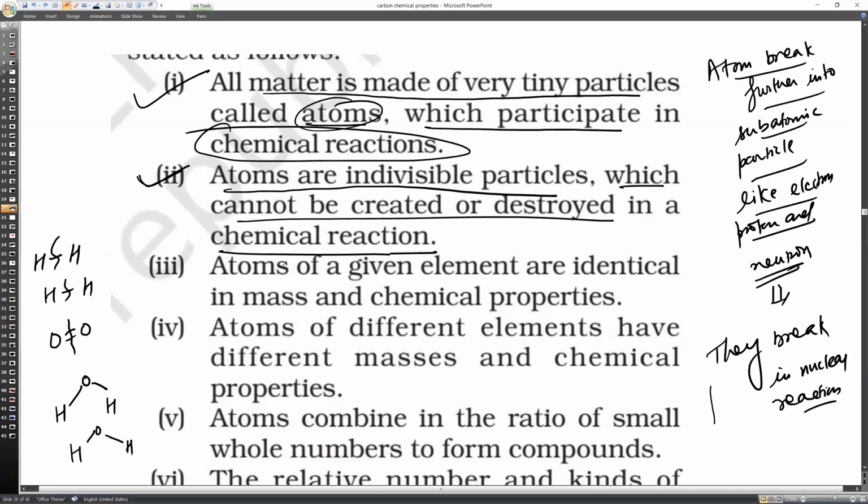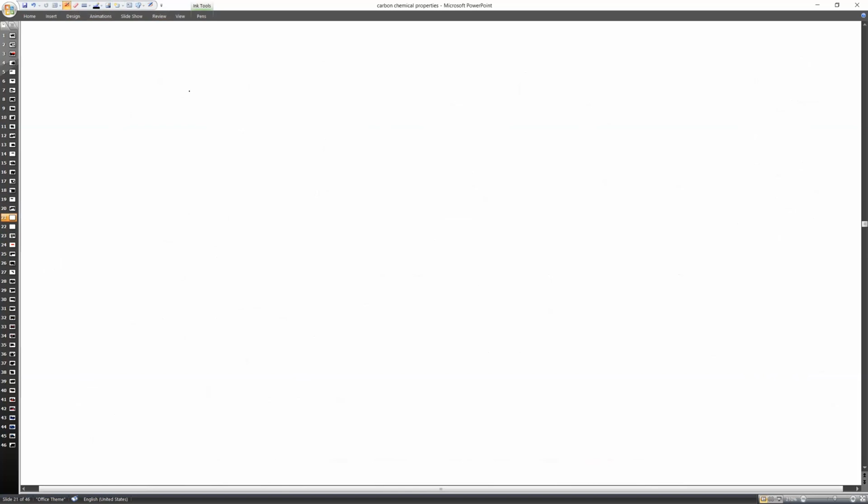In the third point, he said that atoms of a given element are identical. Yes, identical in mass, but here it is incorrect. In the case of isotopes, it is incorrect. It is a drawback that he said identical atoms have the same mass and same chemical properties.